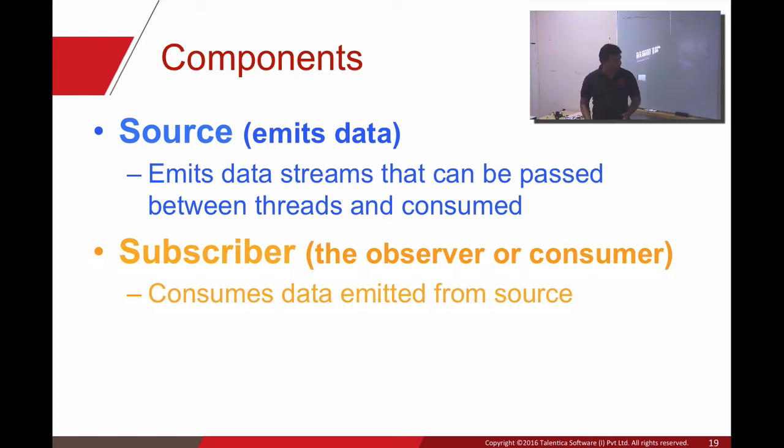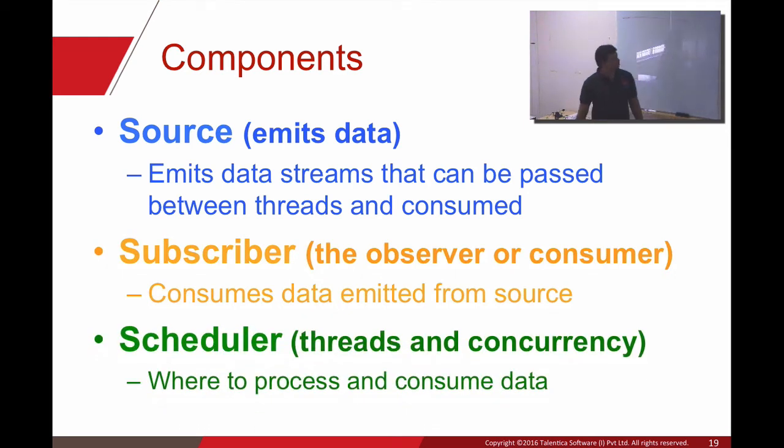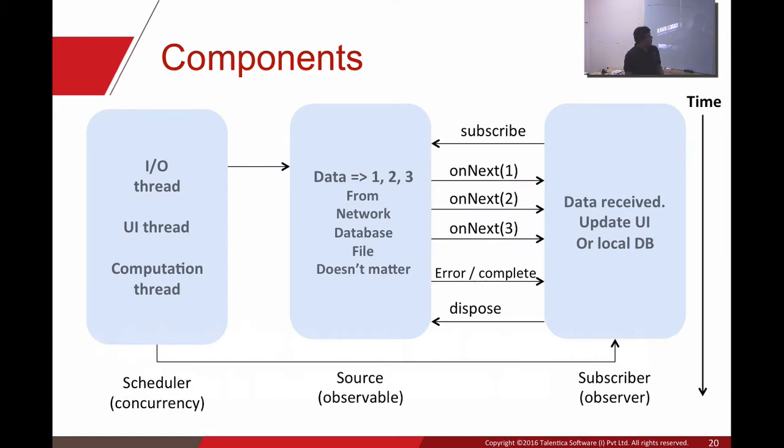Subscriber is the one who consumes the data that is emitted from the source. And there is a scheduler. So these are the three S of reactive programming. Scheduler deals with threads and concurrency, and it tells us where to process and consume the data.